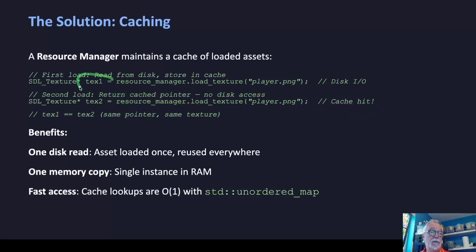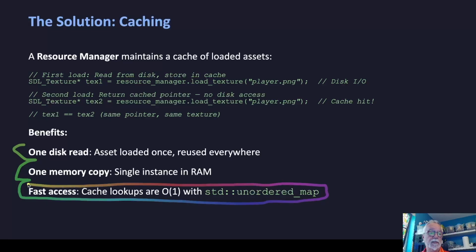I can have 2 different variables here that are pointing at that texture, and it turns out that because my resource manager is very smart, I end up with this relationship being true. So the benefit that we have here is that we're going to have 1 disk read, 1 memory copy, and we have on subsequent loads very fast access to those resources, which is exactly what we want.